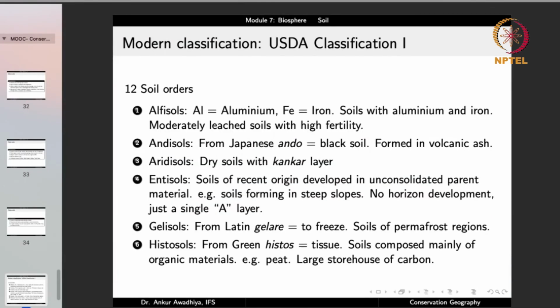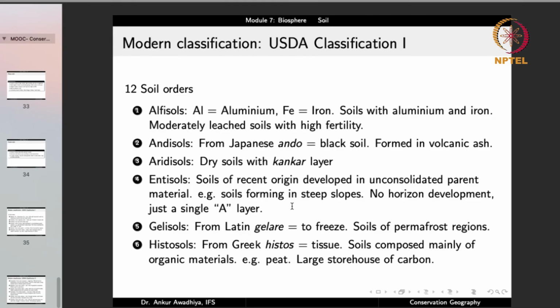Now apart from this classification, we also have the modern classification by the US Department of Agriculture, which divides soil into 12 orders. So here we have Alfisols, which are soils that are rich in aluminium and iron, Andisols, which are soils of volcanic ash, Aridisols, which are soils of desert areas, that is our arid soils, Entisols, which are soils of recent origin, such as those found in steep slopes.